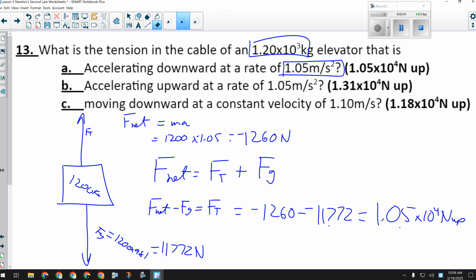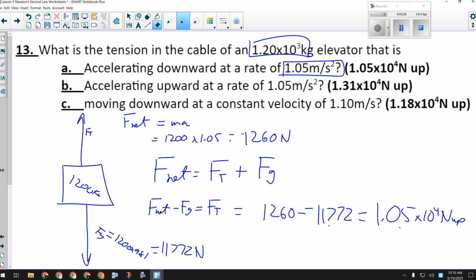Now, what changes for part B, which I think is the part people were having more trouble with, is that this is now positive, because it's 1.05 meters per second squared up. So now that number's positive.